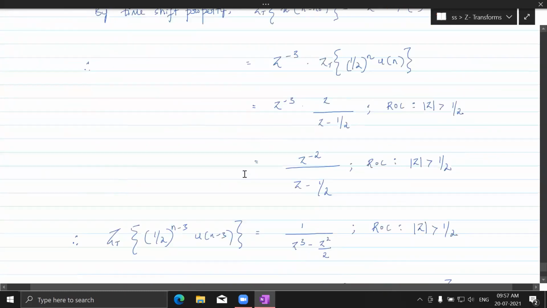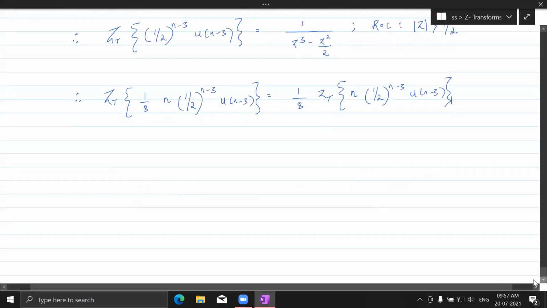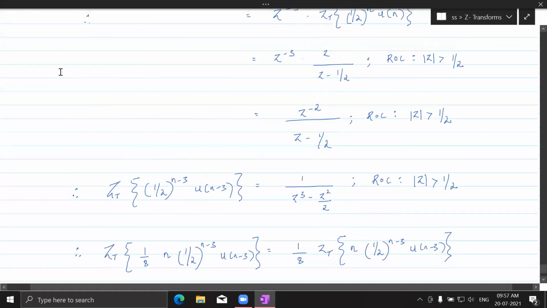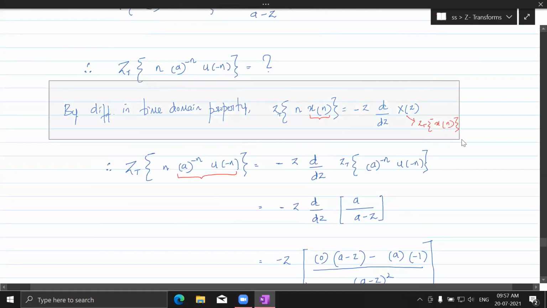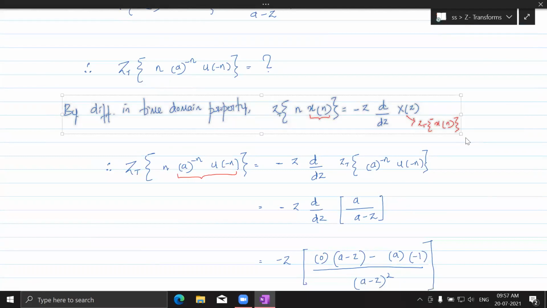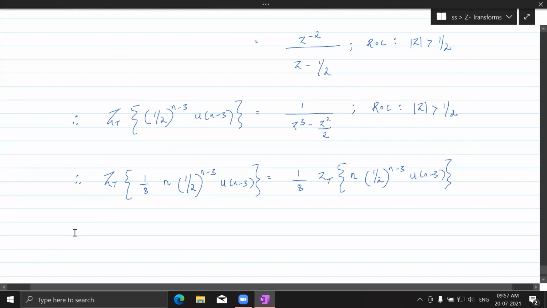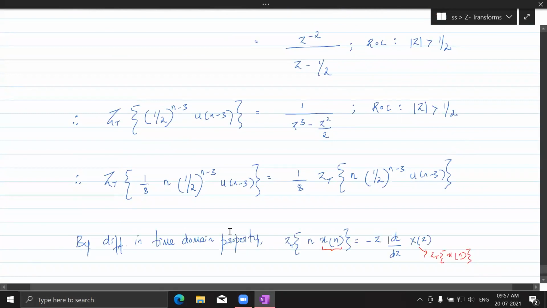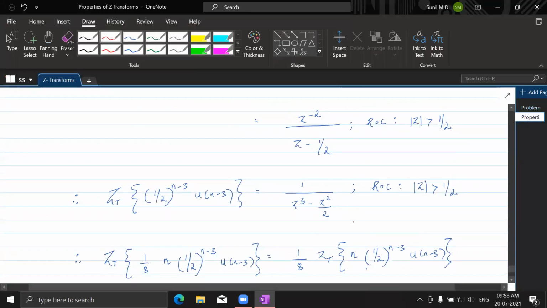That is the adjustment we have done. Is that okay with you, everybody? Now, which property do we use? By the differentiation in time domain property, if you have n multiplied with the signal, which is the actual signal here, this is the signal.